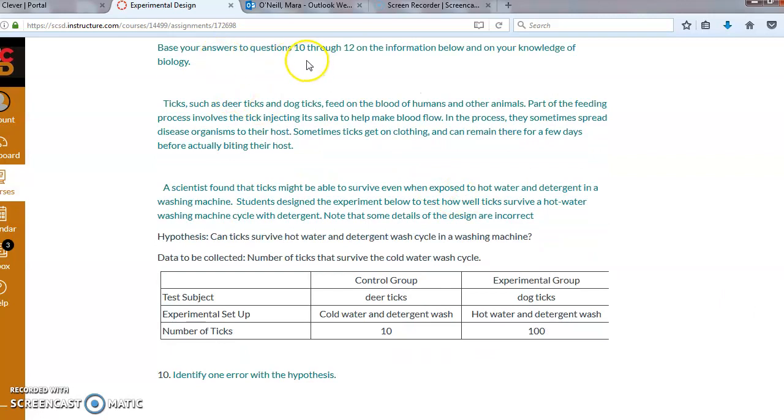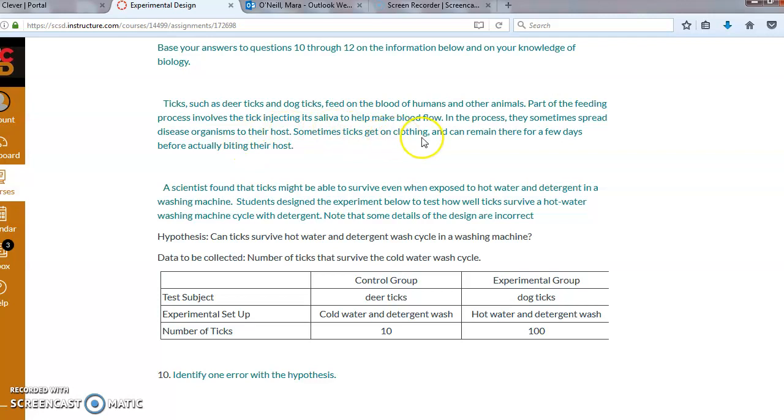Base your answers to questions 10 through 12 on the information below and your knowledge of biology. Ticks, such as deer ticks and dog ticks, feed on the blood of humans and other animals. Part of the feeding process involves the tick injecting its saliva to help make blood flow. In the process, they sometimes spread disease organisms to their hosts.